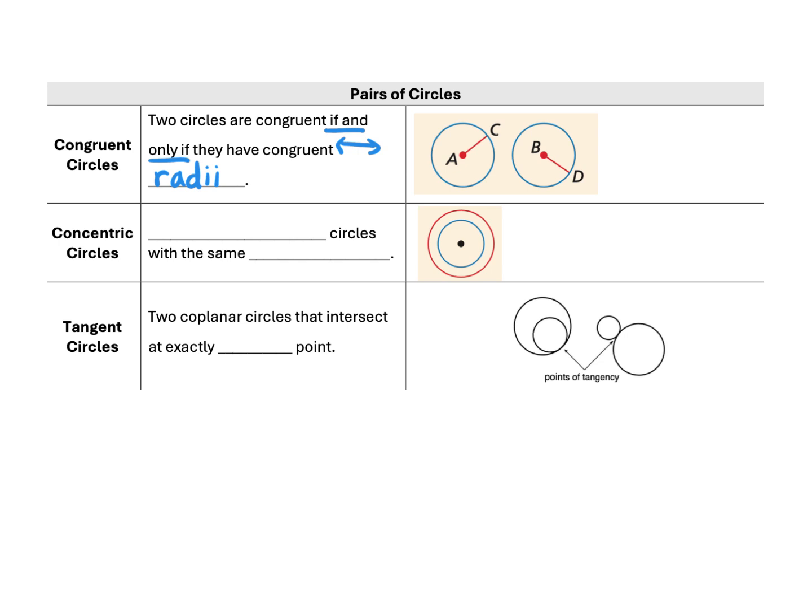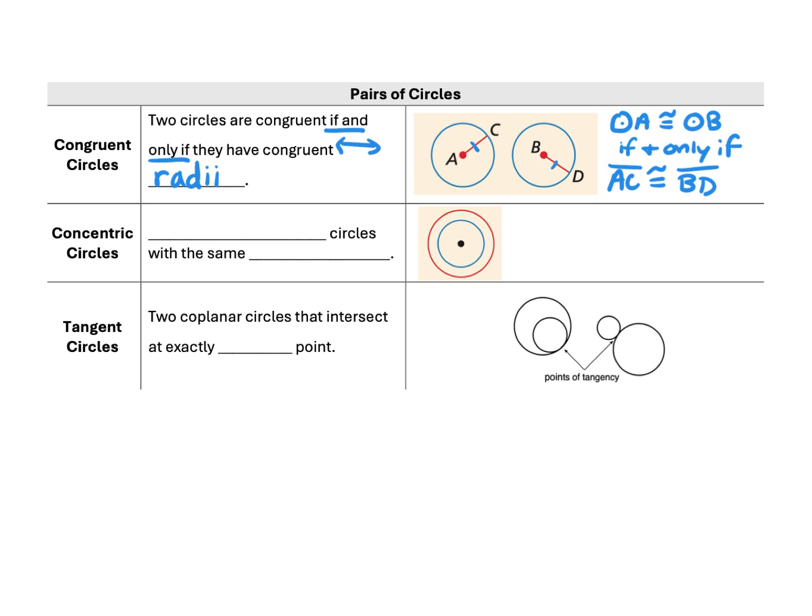So if I wanted to write the biconditional for the picture right here, I could say something like circle A is congruent to circle B if and only if the radii AC is congruent to BD. So congruent radii, same length, that's what makes circles congruent.